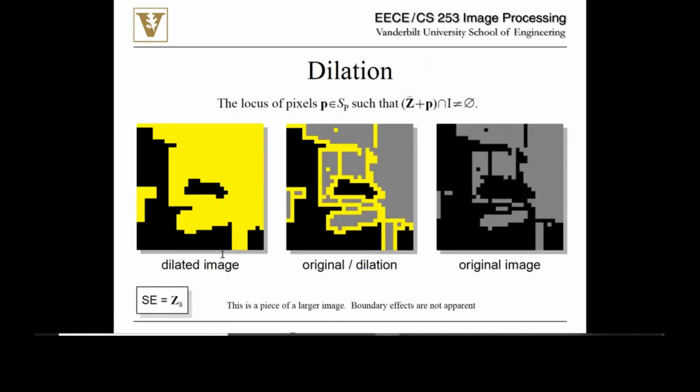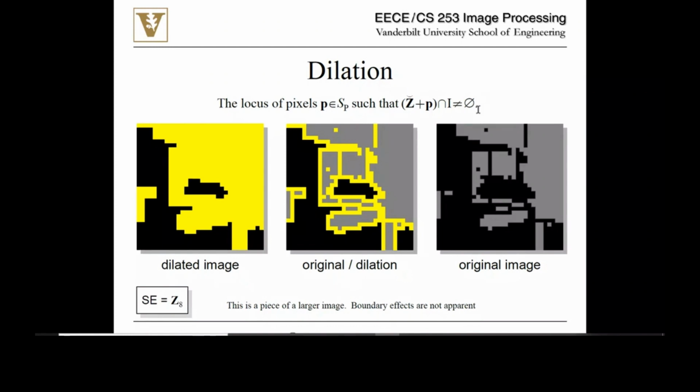And here you have some results, for instance, some example. Let's say that we have this input image here, and then you dilate with Z8. Z8 is the one that has 8 neighbors around. And then we have plotted in yellow the location of all the pixels such that if you mirror your structuring element to that point, and you compute the intersection with the input image, that intersection is different from the empty set.